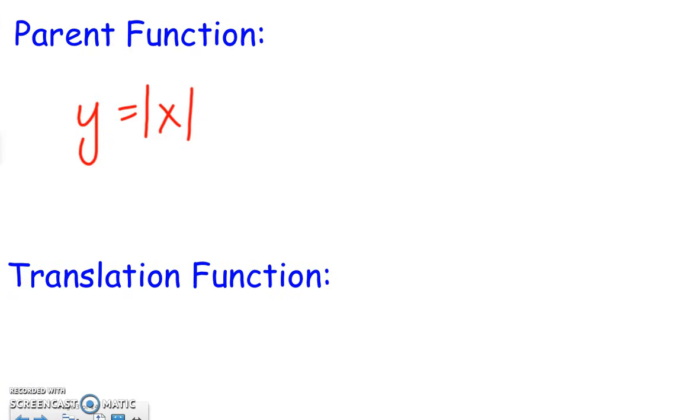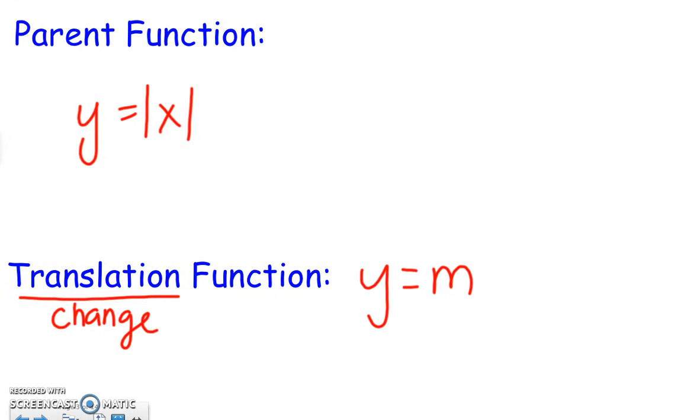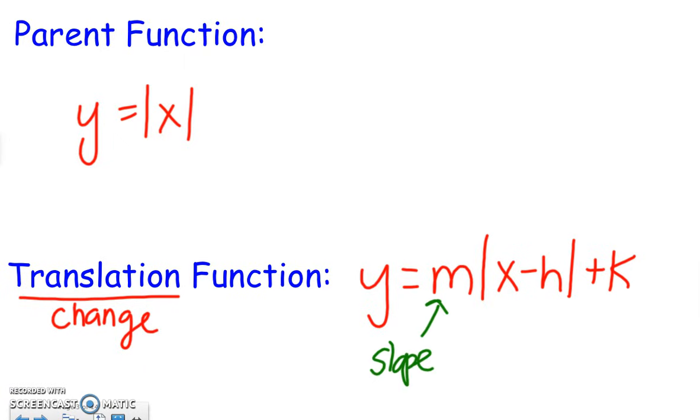And so now we're going to talk about how we can translate it, and that just means change our function. Okay? So the equation would be y equals m, absolute value bar, x minus h, plus k. Your m is going to stand for your slope. Okay? So your slope is going to go outside of those absolute value bars.